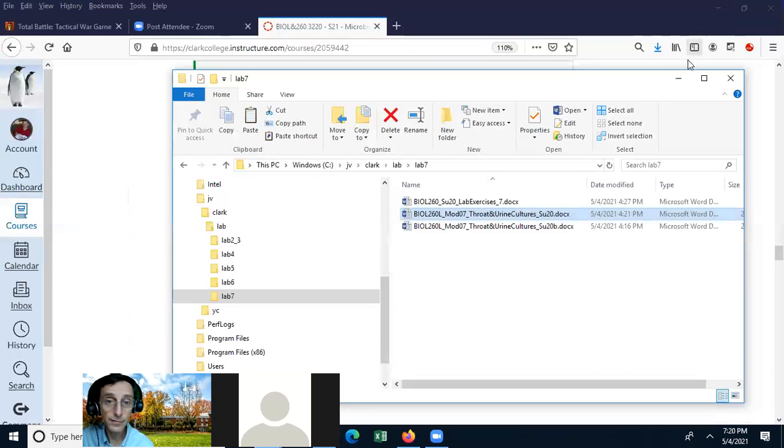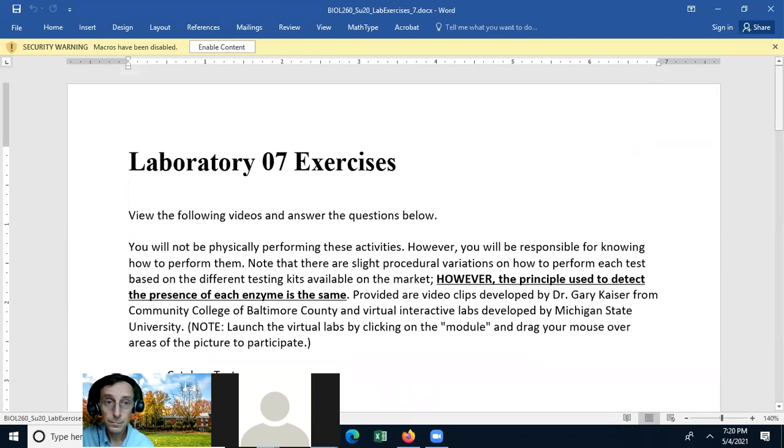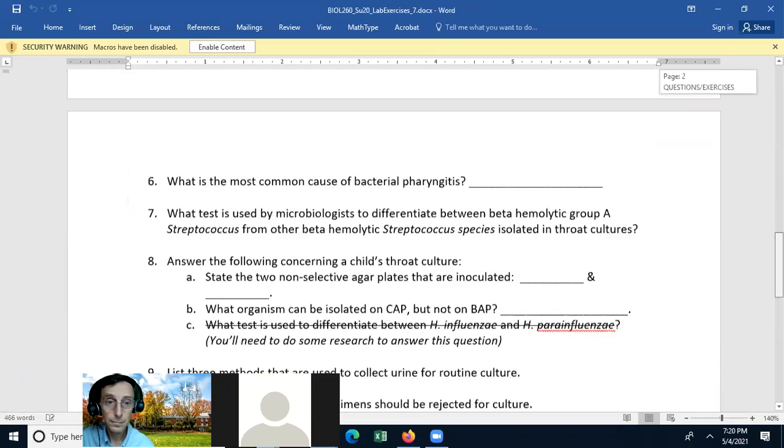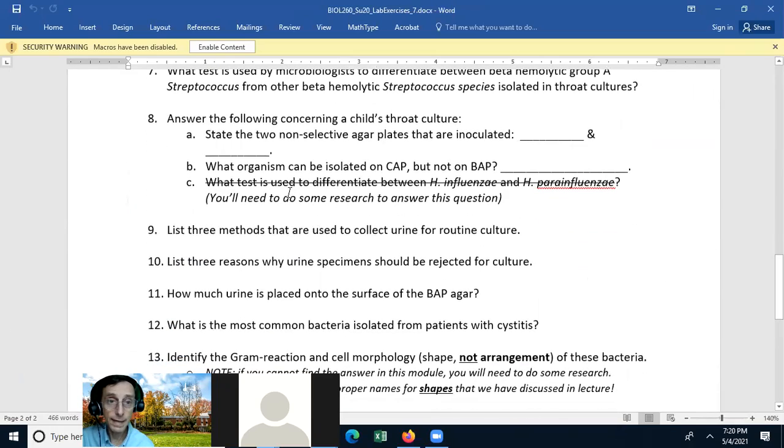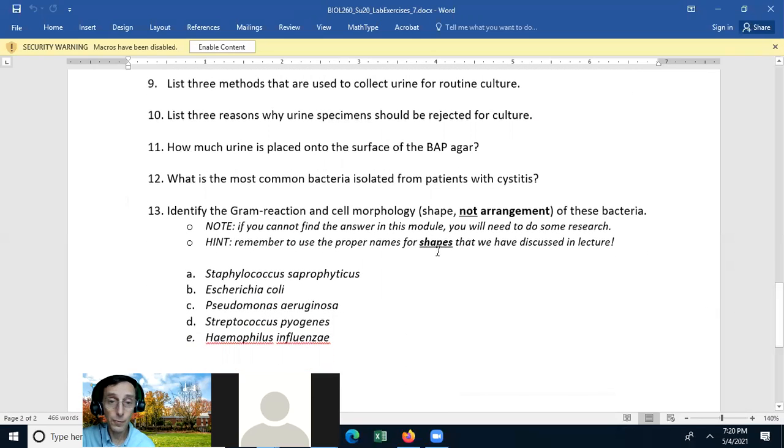And I've got it scratched out. Let me show it to you here. Yeah, 8C. You don't need to answer 8C. All right, so write your answers in the worksheet, and it's not really too bad.